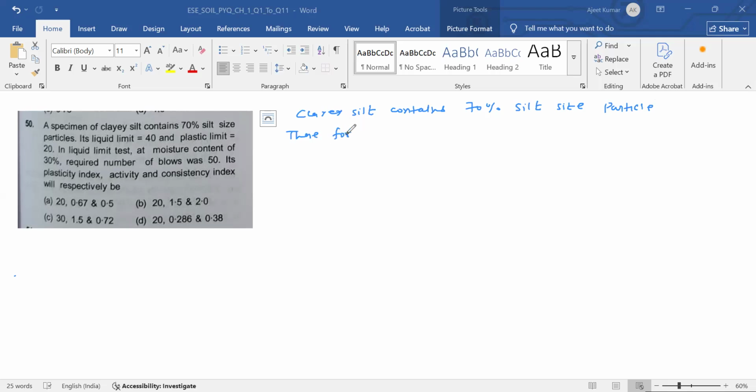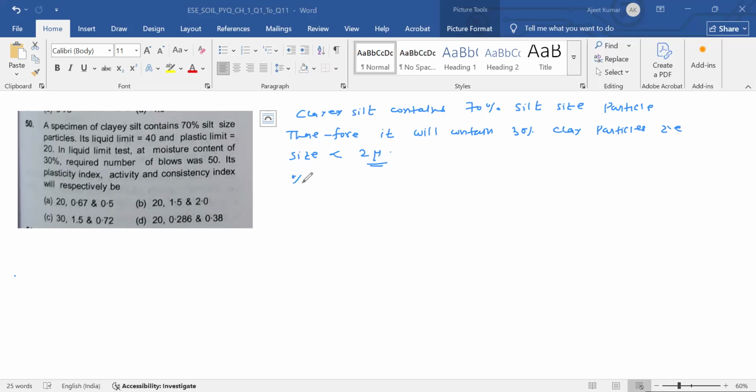Therefore, it will contain 30% clay particles, that is, size less than 2 micron.